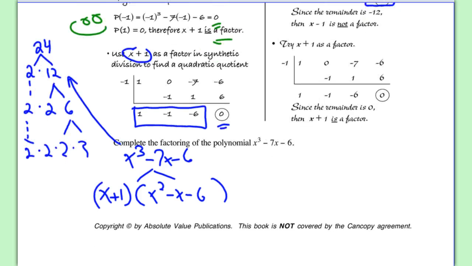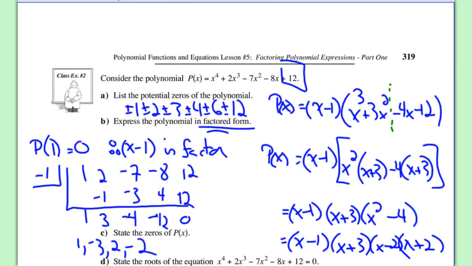We would do the same thing here. I now have one set of factors. I'm now at a quadratic. I go back and use my Math 10 skills, and that's really x minus 3 and x plus 2. And I'm down to degree 1 factors, and that's as far as I can go, all right, using the factor theorem.